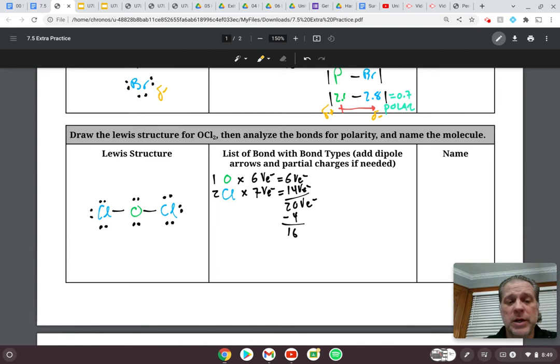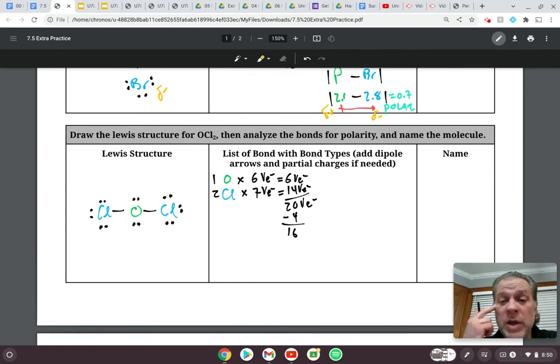And I'm going to go back and check. Both of the chlorines have 6 dots and 1 dash, so that's 8 electrons each. The oxygen has 2 dashes and 4 dots, so that's 8 electrons. So this structure is drawn with the best possible arrangement.